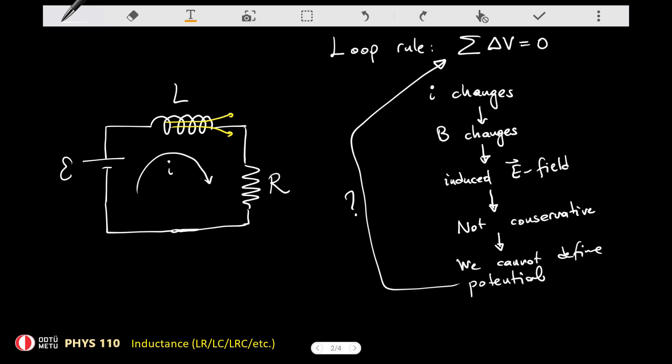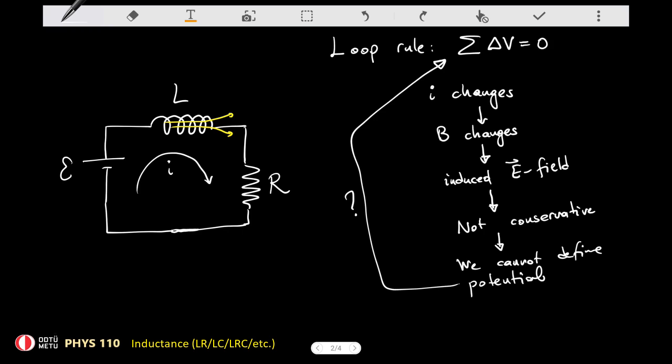So anything that you deduce from this potential concept, if you disregard that difficulty, whatever you write down may be incorrect. So you have to understand the correct reasoning in here.